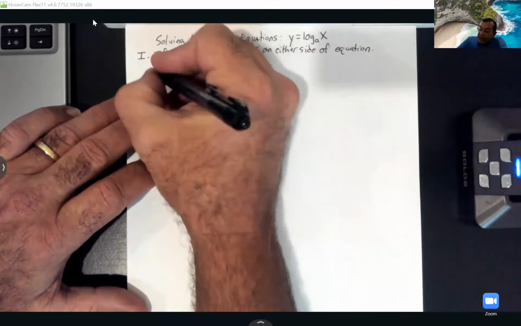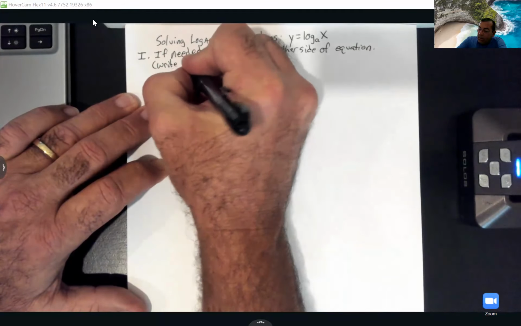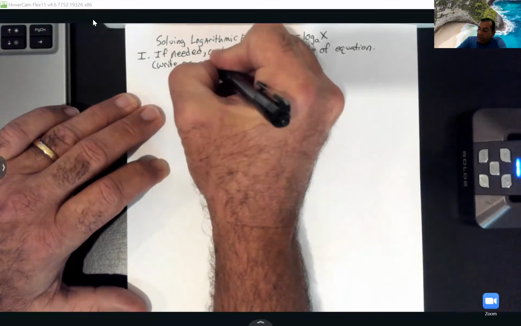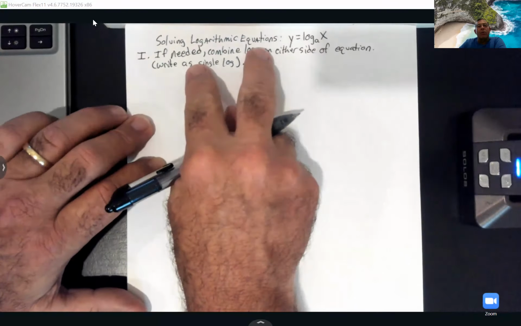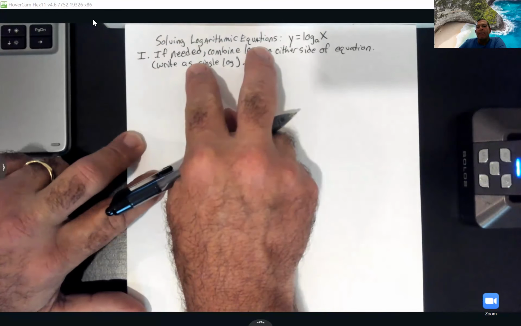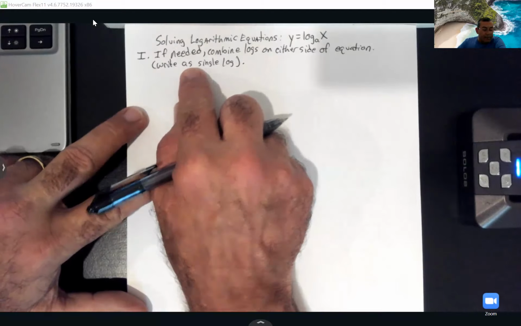What I mean by that, we're going to write them as a single log. So if you got two logs on one side, you got to turn them into a single log like we did on those exercises.